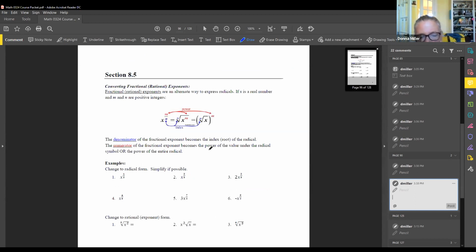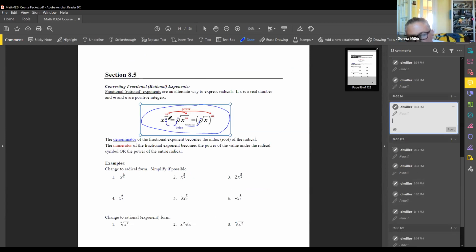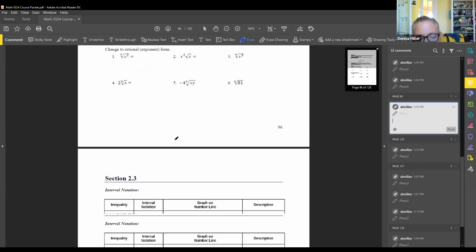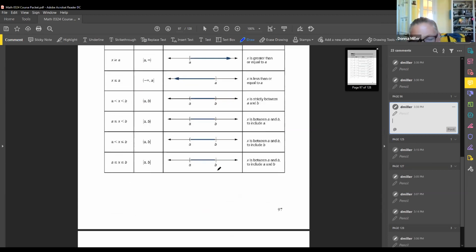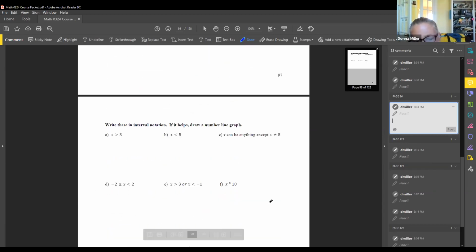And then converting radicals to fractional exponents. Remember this rule here, right? The index goes on the bottom and the power goes on the top. So those are things you should know. You should be able to write an inequality, graph it, and write the interval notation for it. Right? Interval notation.